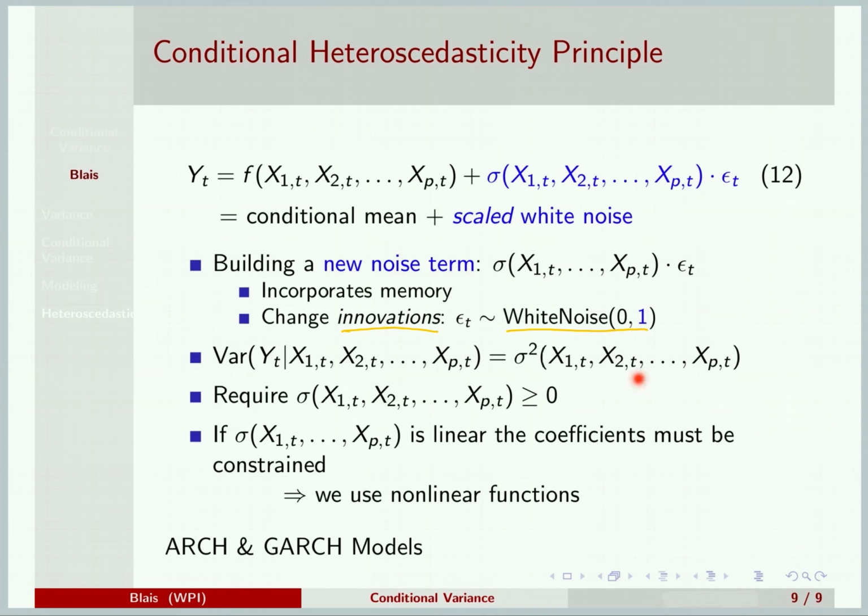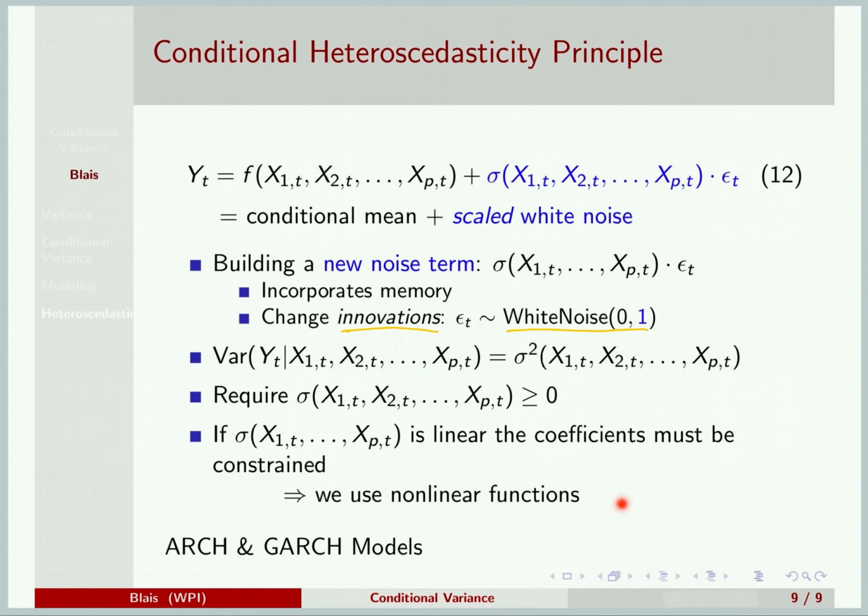We'll see how this works in some future lectures, but it's important to note that, number one, we require that our sigma function be non-negative, because it represents a standard deviation, and a standard deviation must be non-negative. If it's linear, its coefficients must be constrained.